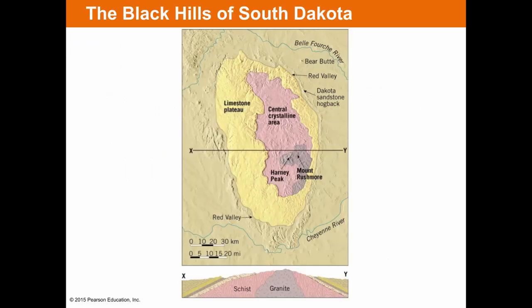Here is a diagram, a cartoon of the Black Hills of South Dakota, and if we notice, Mount Rushmore is sitting in a granite section that is enveloped by some schist, which is then enveloped by a limestone. How can you get this circular pattern? Well, if we go down to the cross section at the bottom of the image, we see that we have some sort of dome-like structure, right?